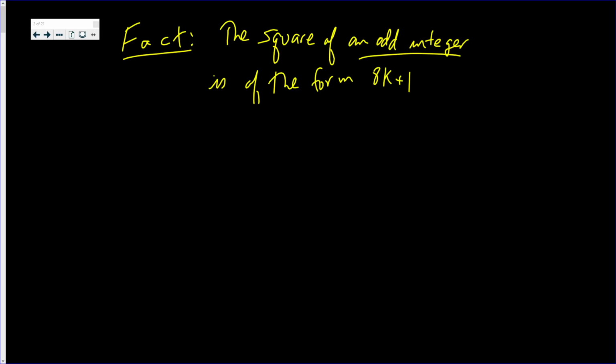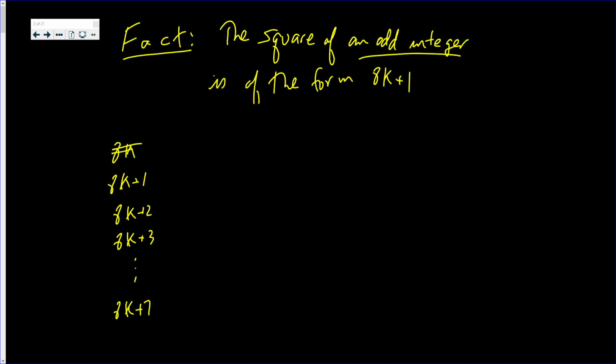In this video, we're going to show that the square of an odd integer is of the form 8k plus 1. Now, by the division algorithm, we know that every integer can be written either as 8k, or 8k plus 1, or 8k plus 2, 8k plus 3, all the way down to 8k plus 7.